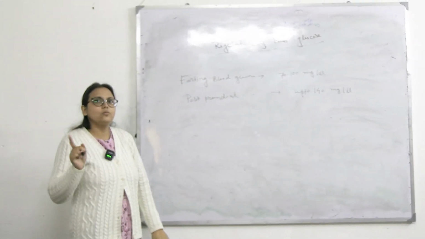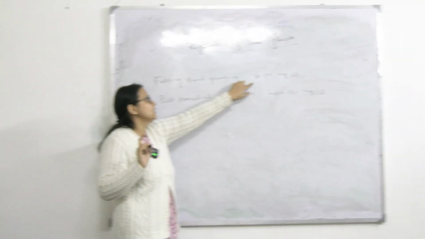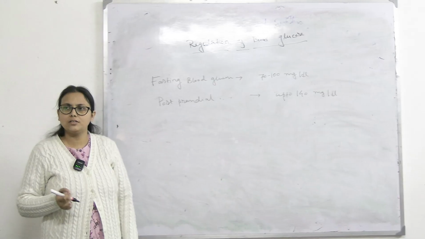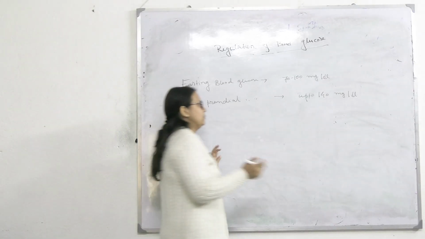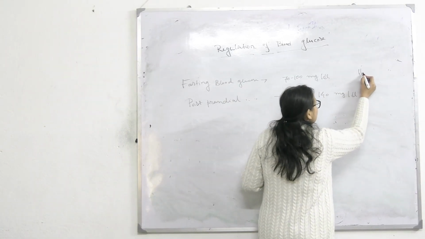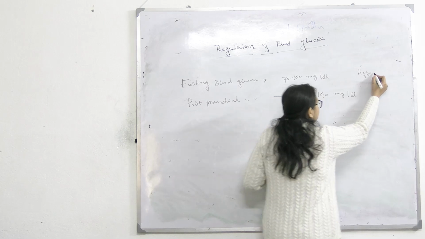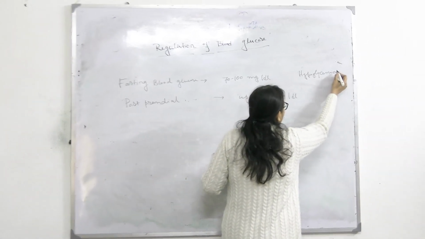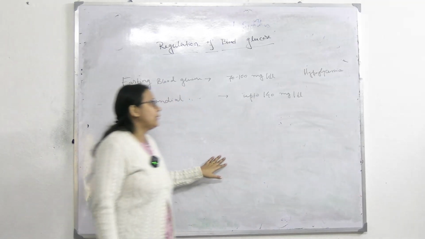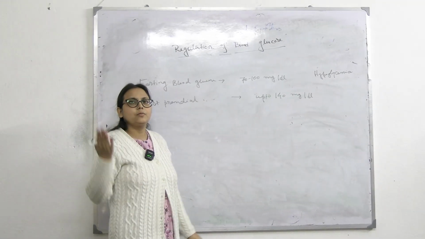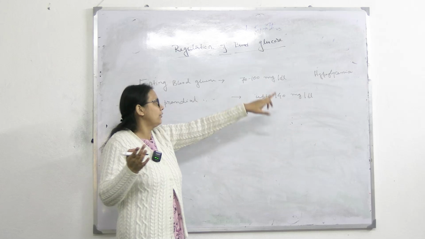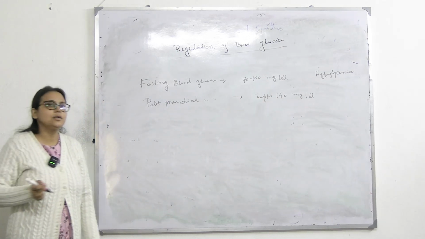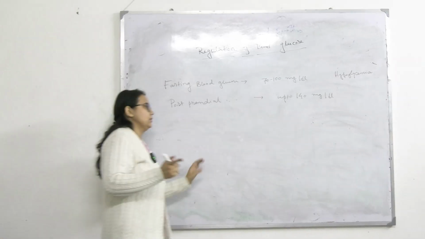Now, if blood glucose level falls below 70, that means below 60, 50, 40, then the condition is called hypoglycemia. And if the blood glucose level goes above the upper limit, that means above 100 in fasting or above 140 in postprandial, then it is called hyperglycemia.